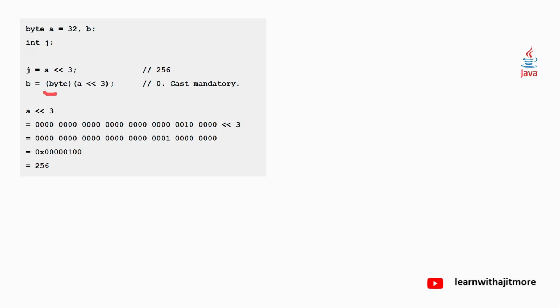Getting? So ultimately, your answer is integer. But can you store an integer in a byte in Java? Can you store an integer in a byte? Is there a situation of narrowing?